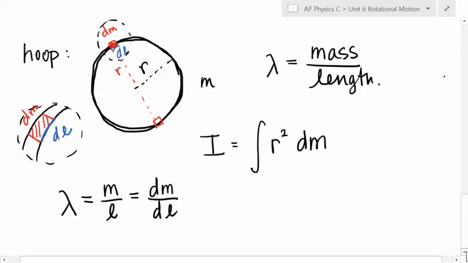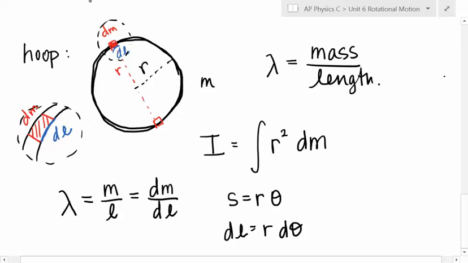The little dl is really the arc length. And if you recall, arc length, S, is equal to r times theta, right? So if I want to look at a little bit of that arc length, it's because I've had a tiny change in angle. So instead of S, we're using L. So L is equal to S, and this would be dl. R stays the same, the radius of the hoop stays the same, but it's a little d theta.